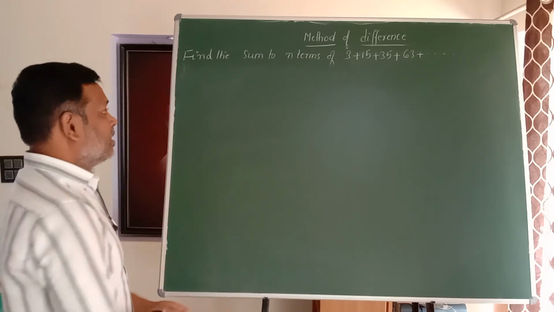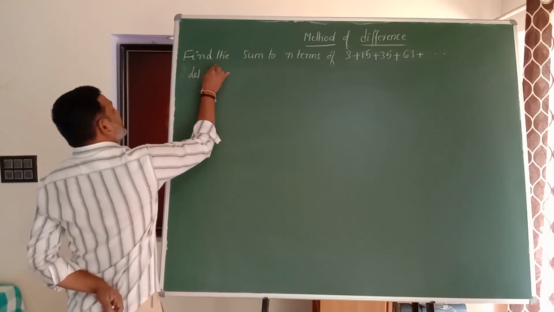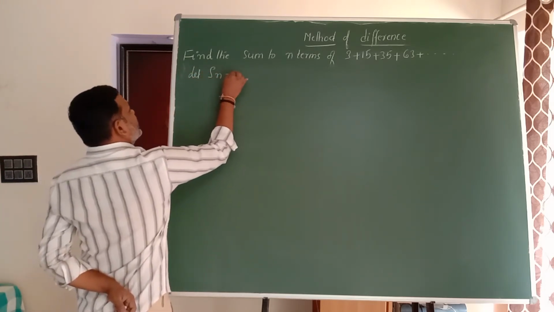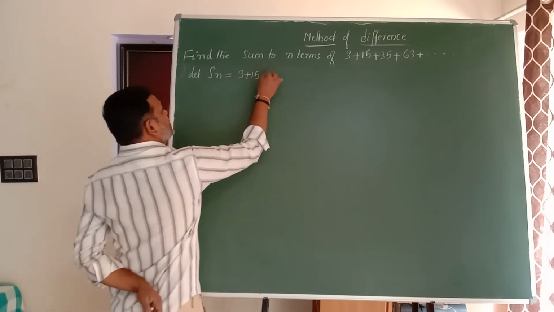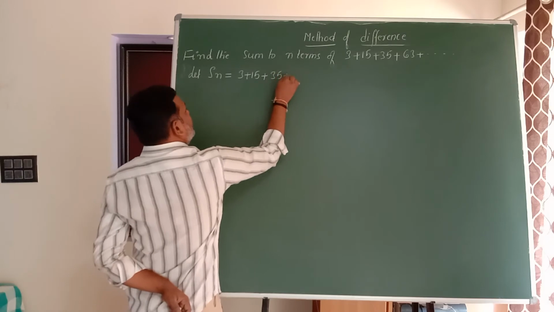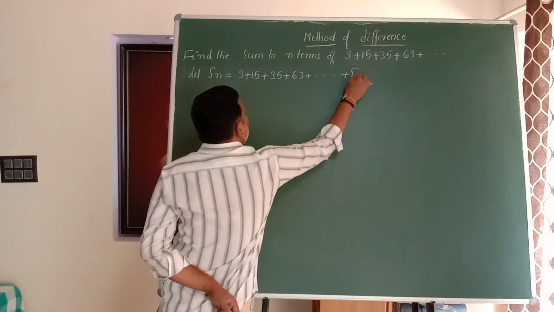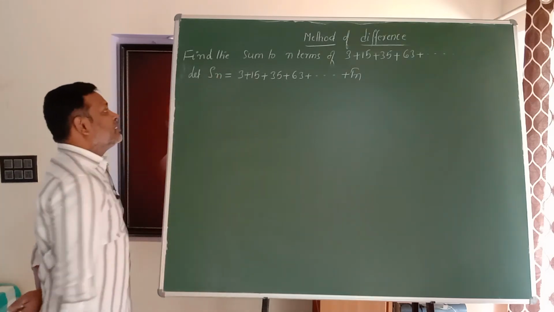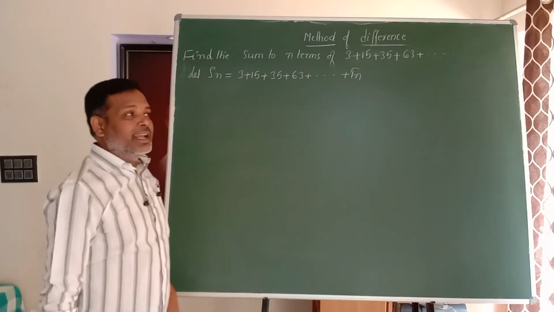How to do this? Let us consider this as Sn. The sum to n terms is equal to 3 plus 15 plus 35 plus 63 up to Tn, because Sn is the sum of all n terms, the last term being Tn.